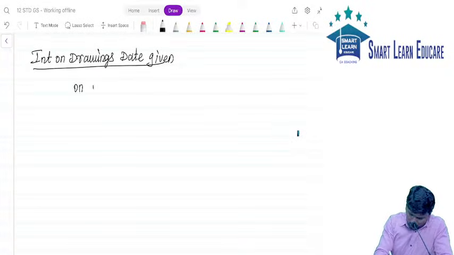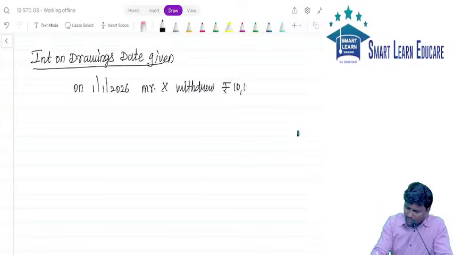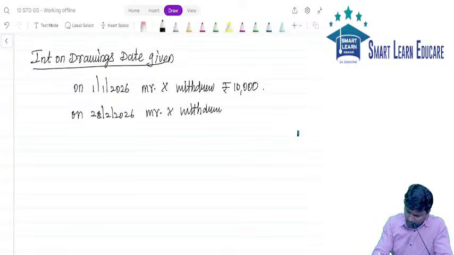On 1/1/2026 Mr. X withdrew rupees 10,000. On 28/2/2026 Mr. X withdrew rupees 20,000.